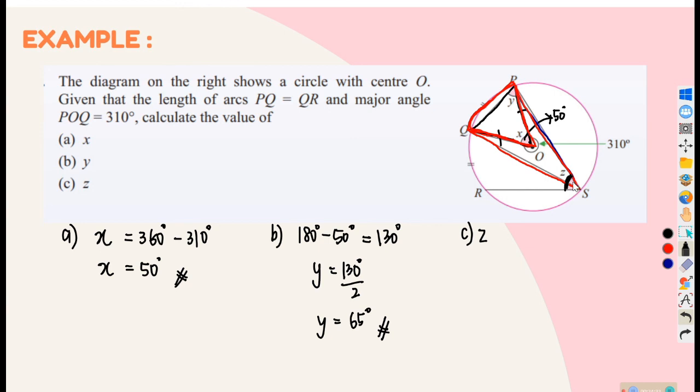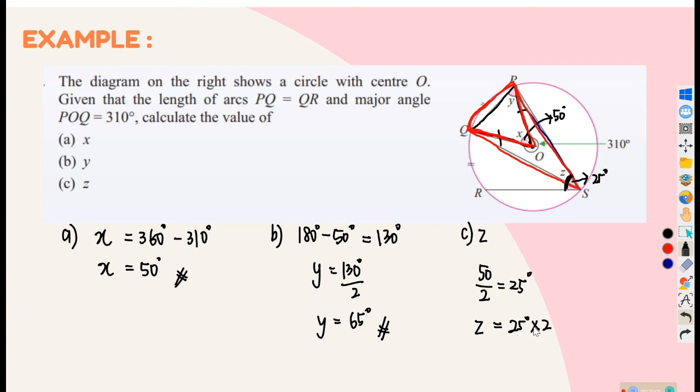So for this small angle here, we know that this one is 50. So this one is twice. So 50 divided by 2, you will get 25 degree. So the small angle here is 25 degree. So you want z. So z is equal to 25 times 2.